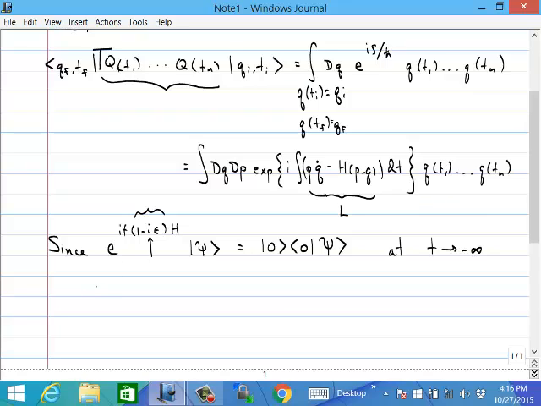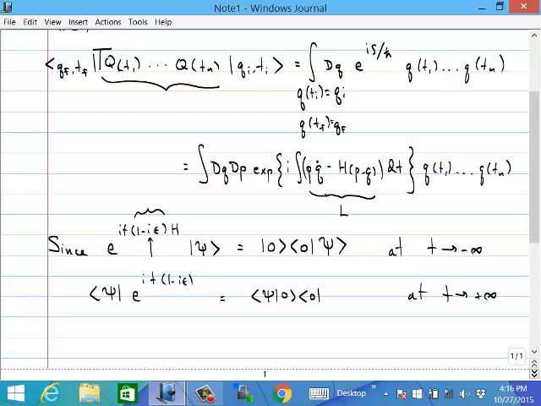Similarly, if you acted with this operator on a bra vector from the left, you would similarly just project onto the vacuum state at t goes to plus infinity.